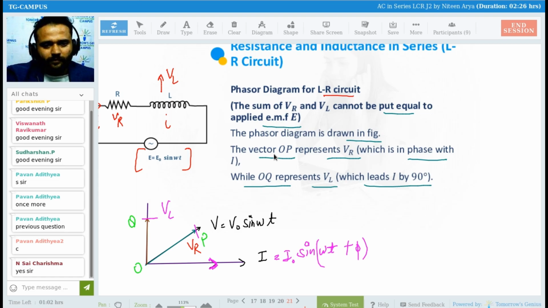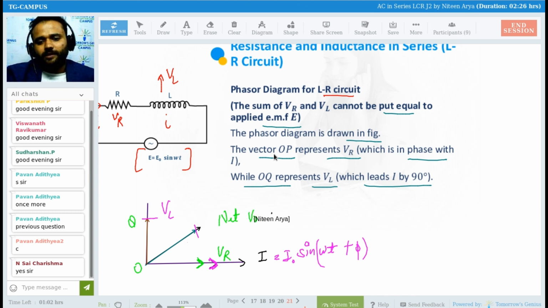Instead of the given voltage, just focus on this voltage. So here my I and VR are going to be in the same phase. This is my VR, this is my VL, and this is the net EMF, or you can say the net voltage of the circuit.